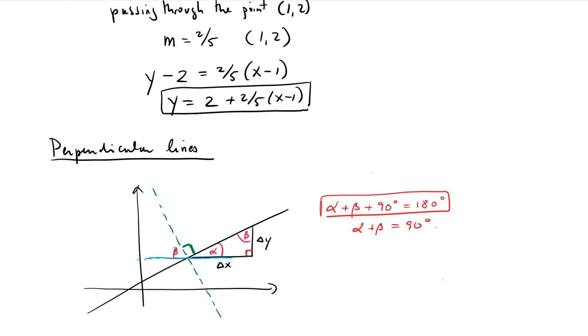Which means that, let's say I take this triangle here and I flip it in order to position it like that. You can see I can do this now because this angle here is beta, this is a right angle, so this must be alpha.